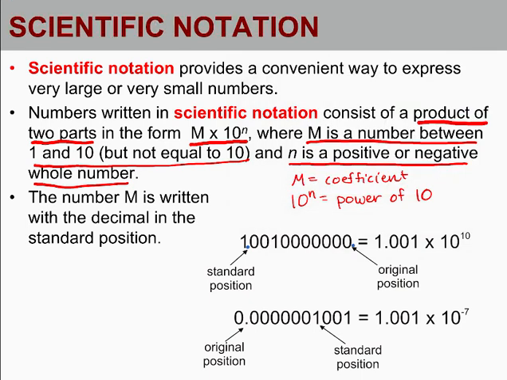If we start at the original position of the decimal point, and we move it 1, 2, 3, 4, 5, 6, 7, 8, 9, 10 times, we get to the standard position. So that means that our value of n, or this exponent, is 10. Now, larger numbers have positive values of n.